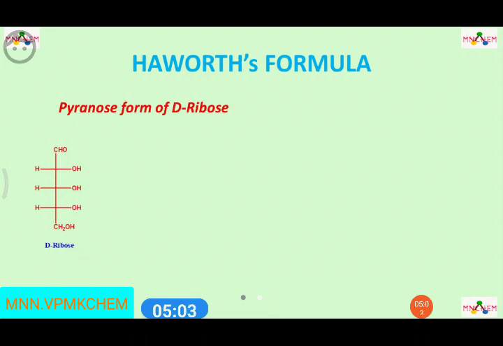Now, we are going to convert this open chain Fischer projection of D-ribose into a six-membered oxide ring form or Haworth formula. That six-membered oxide ring form we also call the pyranose form. So how we can draw an open chain structure into a pyranose form for D-ribose, we will see in a stepwise manner.